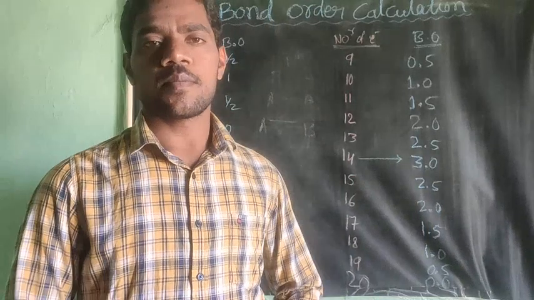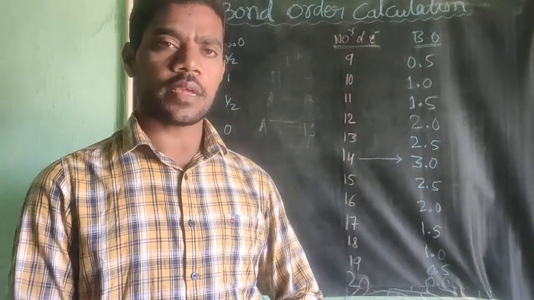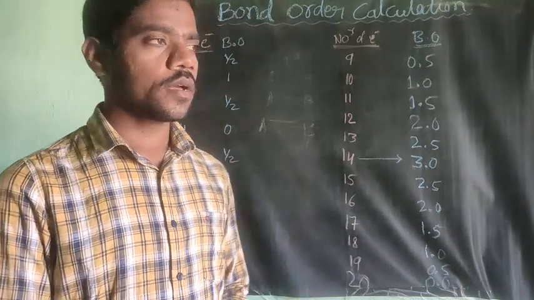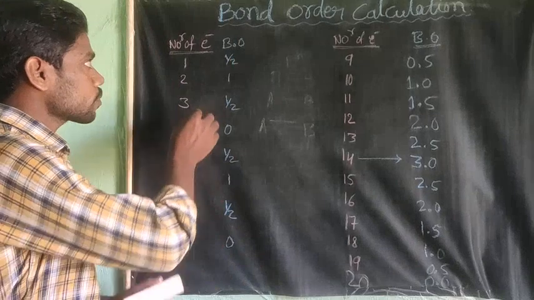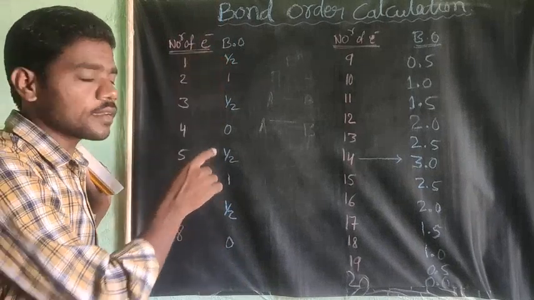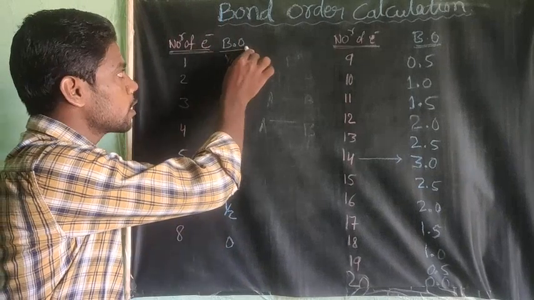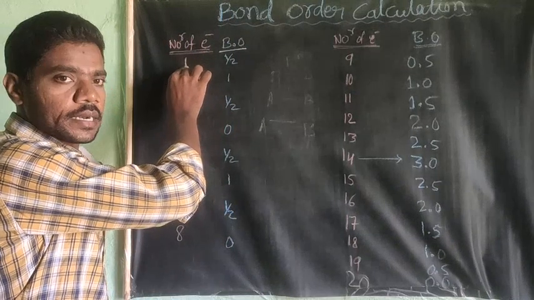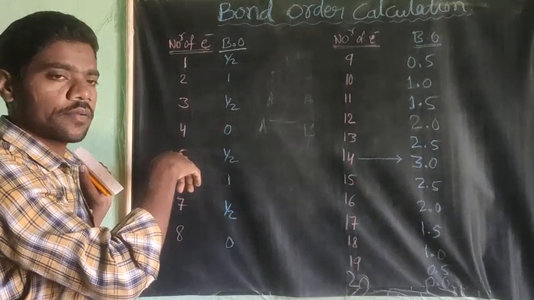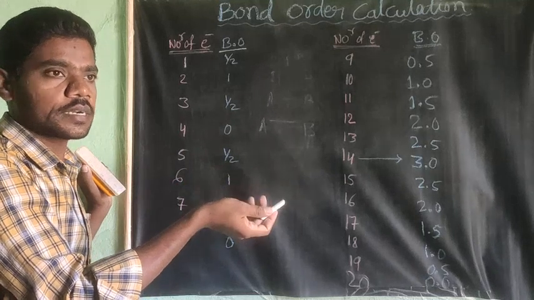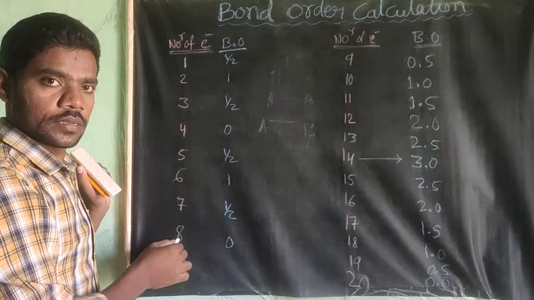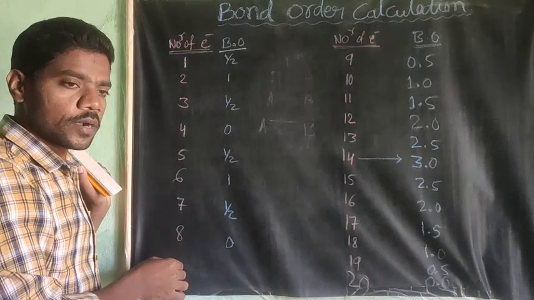What are bond order calculations? I will tell you one trick, and it is very easy to remember. Here you see the number of electrons, and this is the bond order. Let me give an example. The number of electrons are 1, 2, 3, 4, 5, 6, 7, 8, that is 1 to 8.